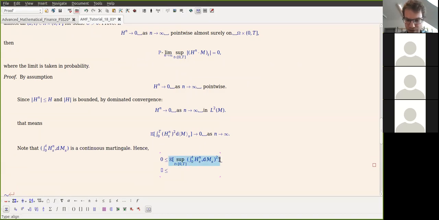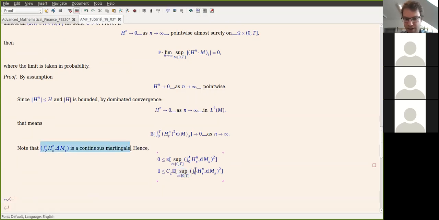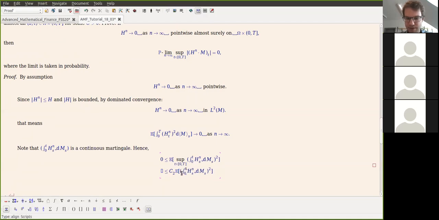So I can use Doob, which means I have a constant which depends on p, and p is actually 2. And then, as it's a martingale, right? This is why I wanted to observe that this here is a martingale. I can estimate this supremum with the terminal time. This is Doob's maximal inequality.